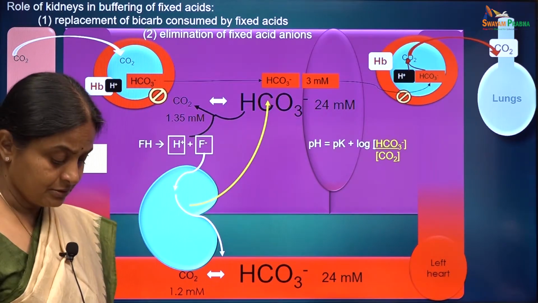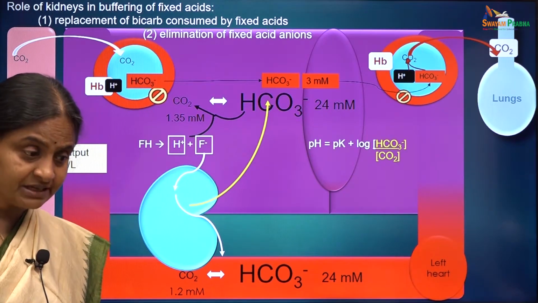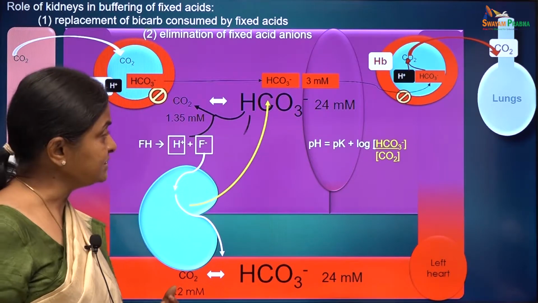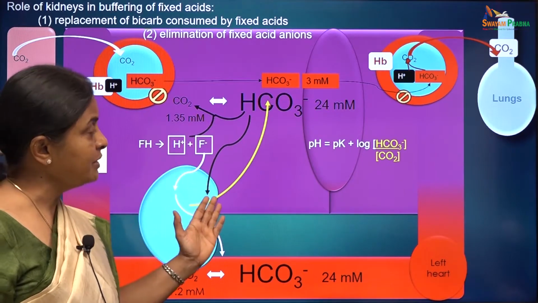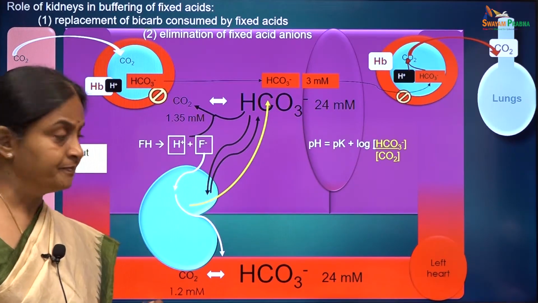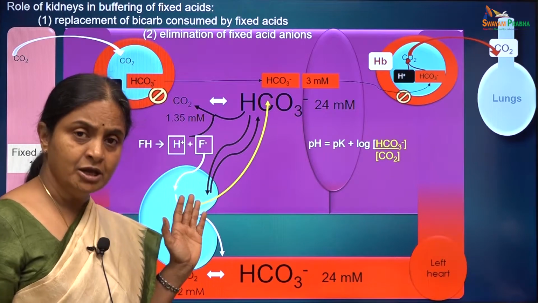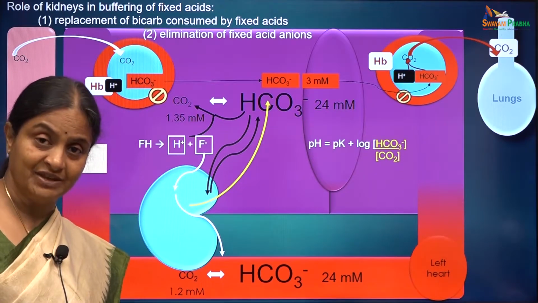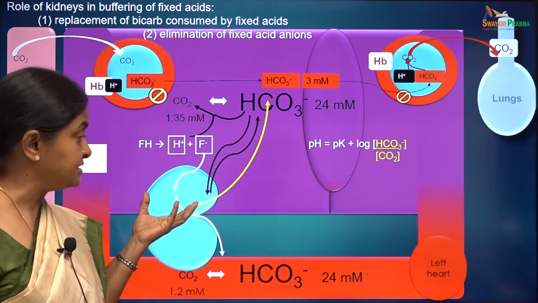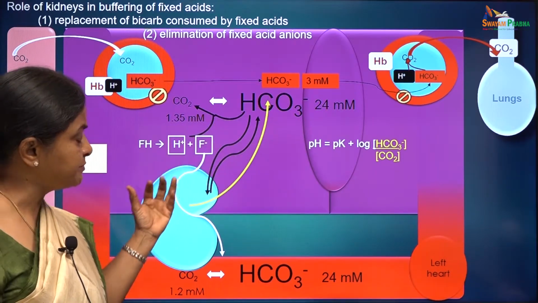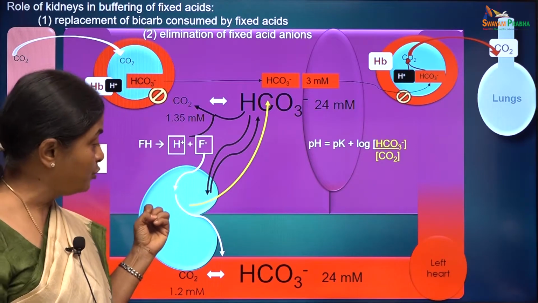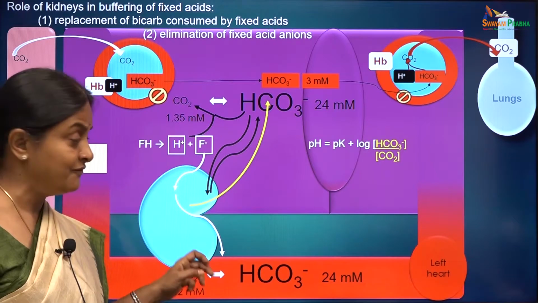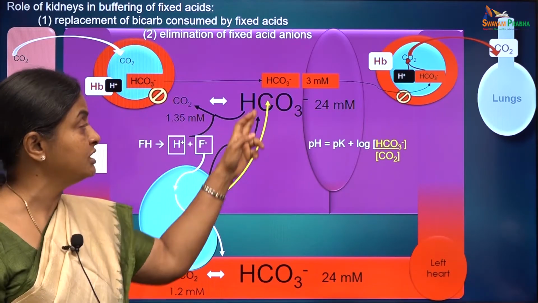The third role of the kidneys is actually more important in terms of workload, and that is to reabsorb the filtered bicarbonate. The design of the kidney is not to extract out the waste alone and eliminate the waste in urine. The way it is designed, all substances in plasma are freely filtered, and what is not required by the body is not reabsorbed and is eliminated, whereas what is required by the body alone is reabsorbed.